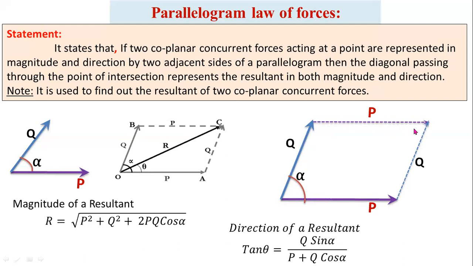Here the length of this dotted line is equal to the length of the force P. The length of this inclined line also equal to the length of the force Q. Now it is a parallelogram. Now alpha is the angle between the two forces. Always the resultant passes through the corner. So this diagonal line indicates the direction of resultant. The magnitude of resultant is equal to the length of the resultant.